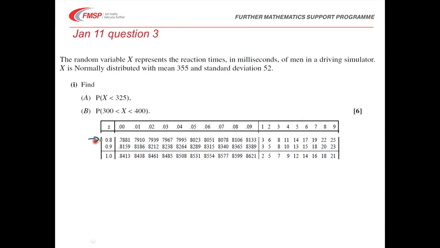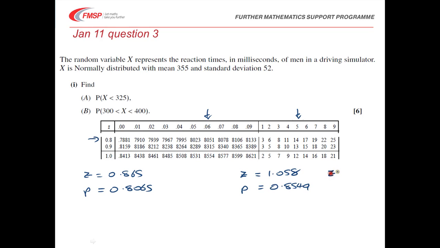So first of all, 0.865 is going to give me a probability of 0.8065. It's awkward, isn't it? And a z value of 1.058 is going to give me a probability of 0.8549.